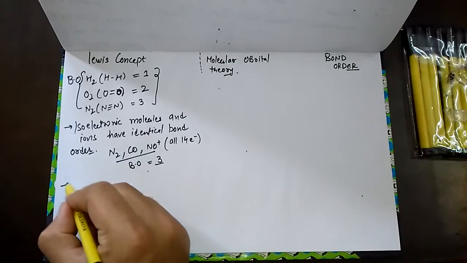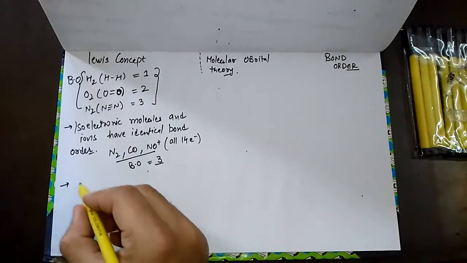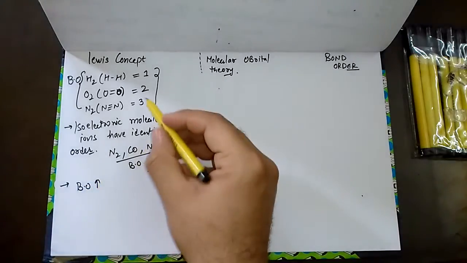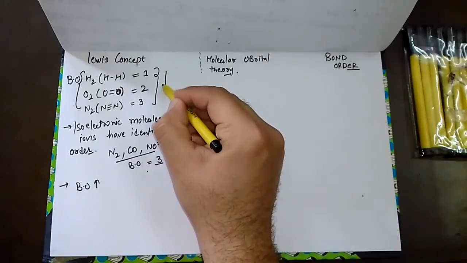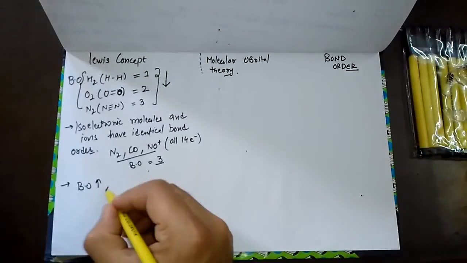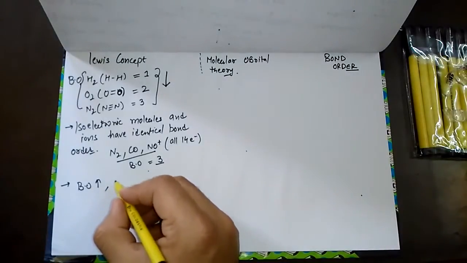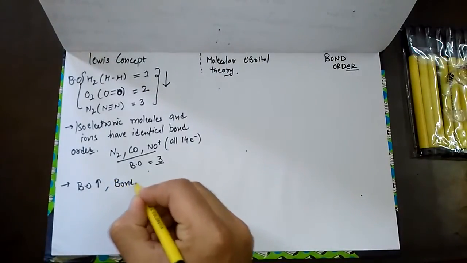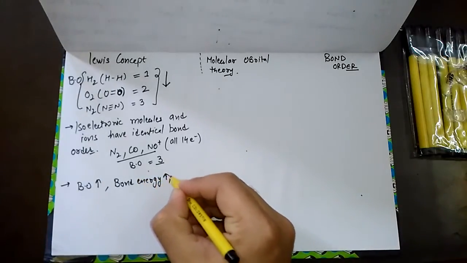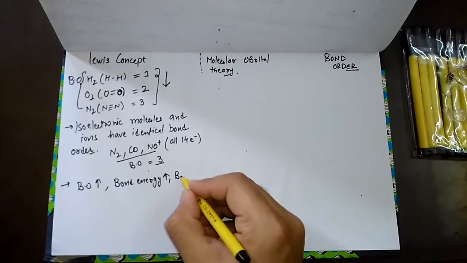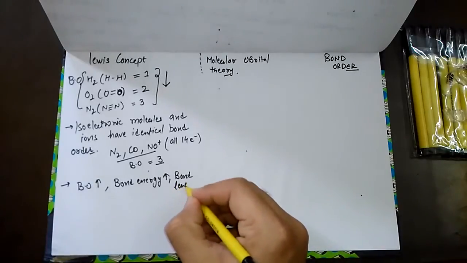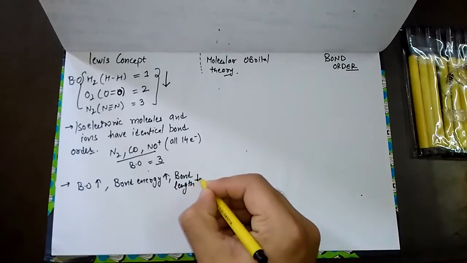Another point to remember: with the increase in bond order, bond enthalpy increases, bond energy increases, while the bond length decreases.